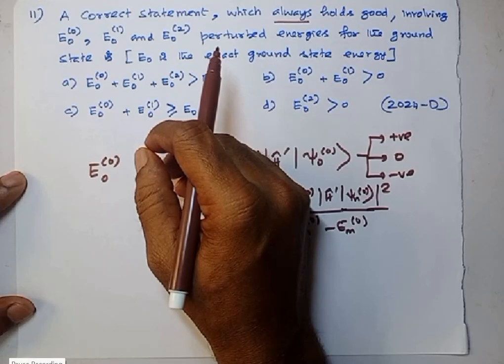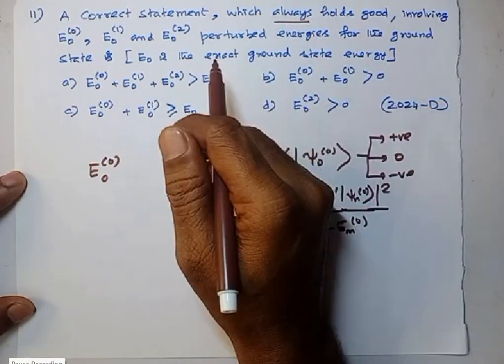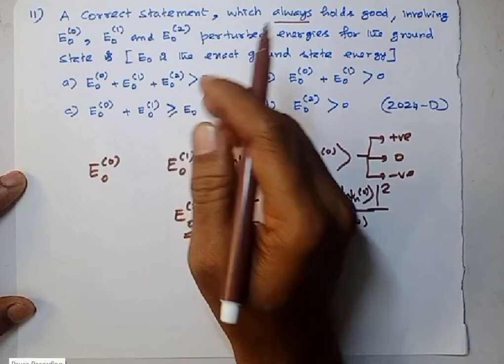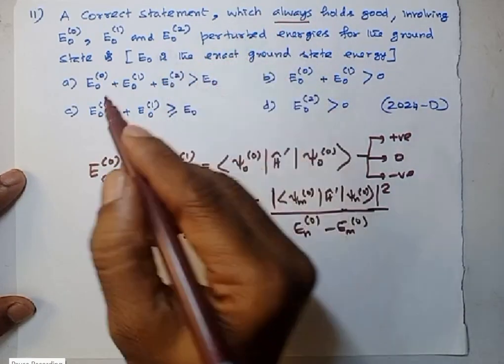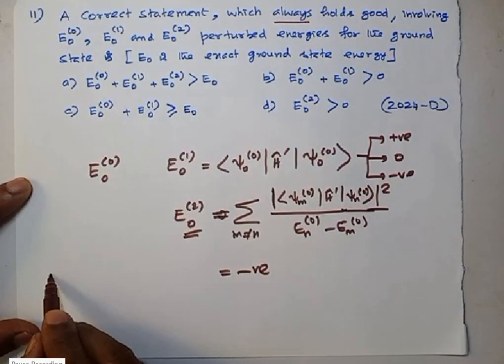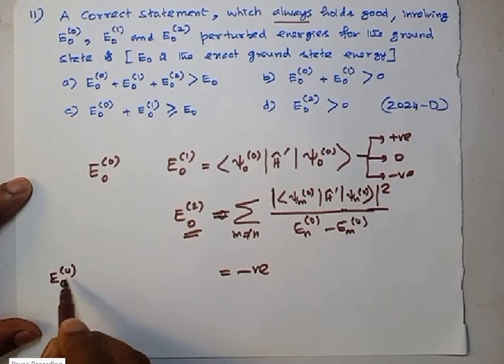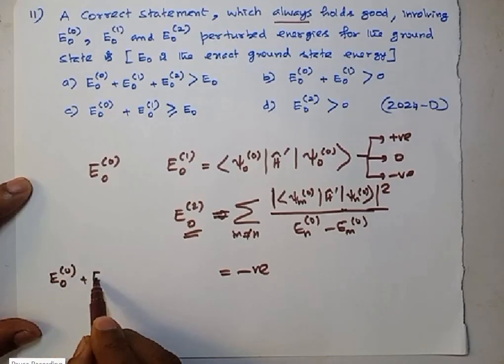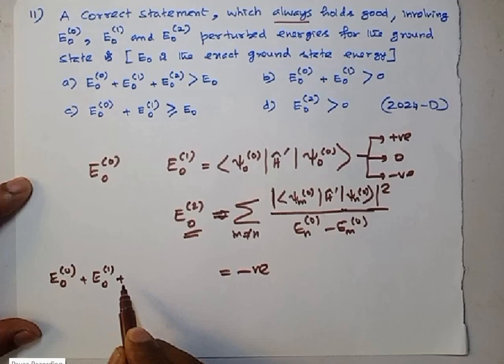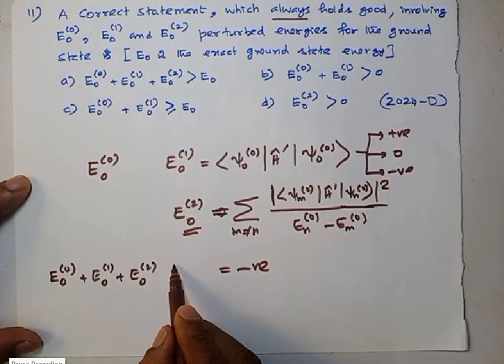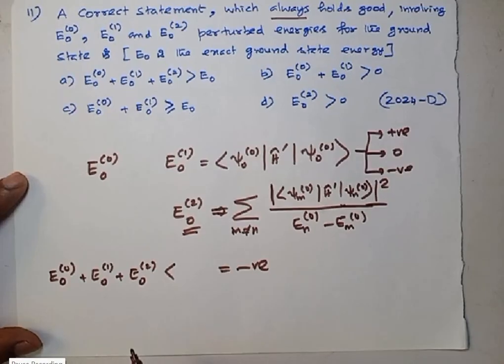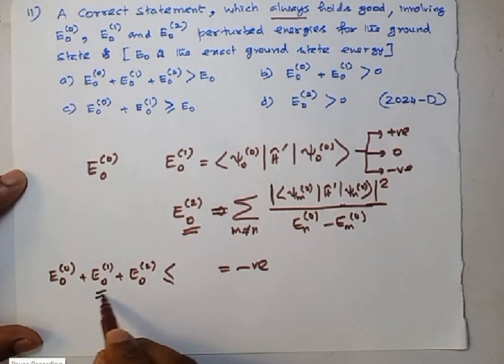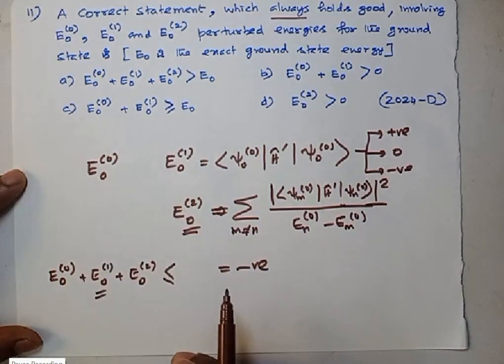So it can be of any value. So option A, the sum of E naught over the ground state, first order correction and second order correction, can be less than 0, or equal to this, sometimes it may be greater than 0. It all depends on the magnitude of this.